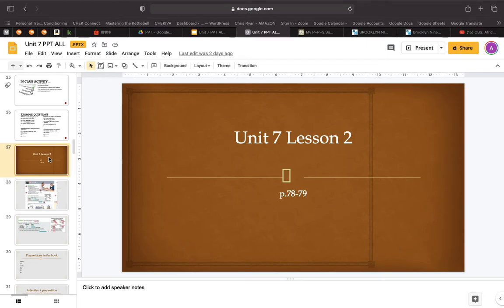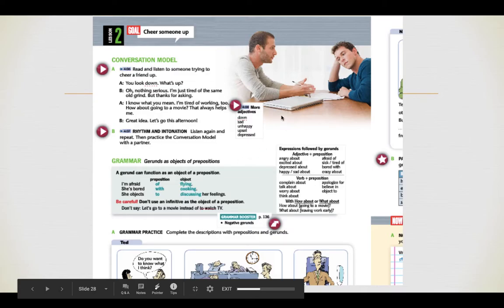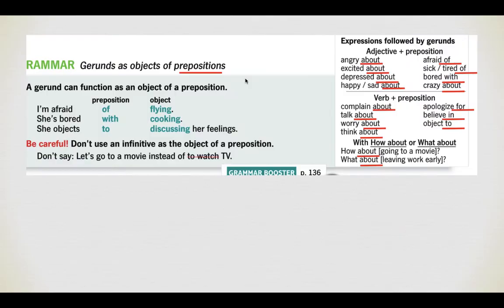Lesson 2. Okay, so on pages 78 and 79, the goal is how to cheer someone up. We're starting on this page. Here, we're using gerunds as objects of prepositions. Here we're only working with gerunds, ing.